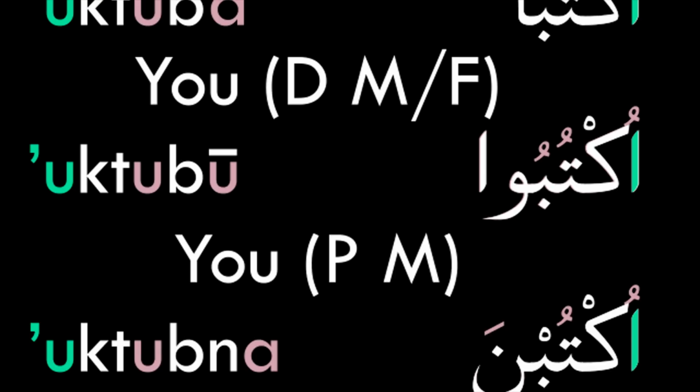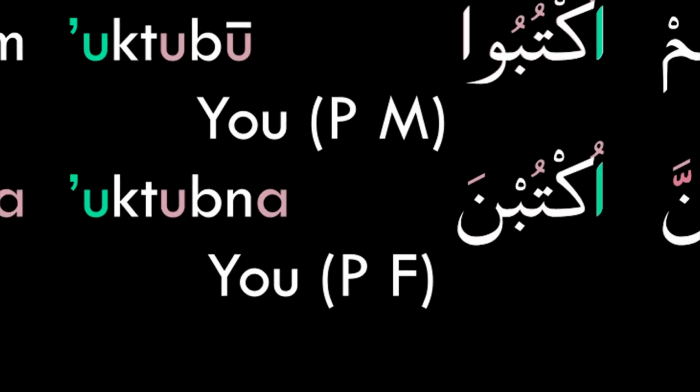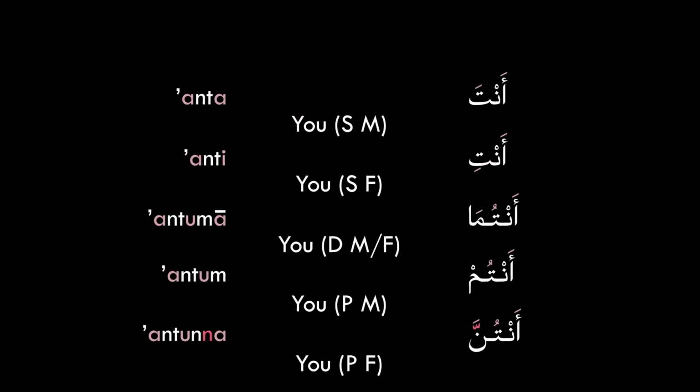Here we delete the noon and we add a neglected alif, an alif that we do not pronounce. And finally, for the plural feminine you, we do not delete the noon. It just stays the same. Uktubna. This method is valid for all verbs with slight differences.